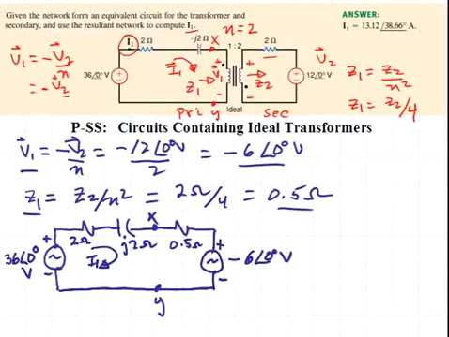Here we've indicated the terminals of the primary side X and Y, and we have the original 36 volt source as well as that minus 6 at an angle of 0 degrees volt source reflected from the secondary side. So with this simple loop circuit, we can now proceed to determine the value of the loop current I1.